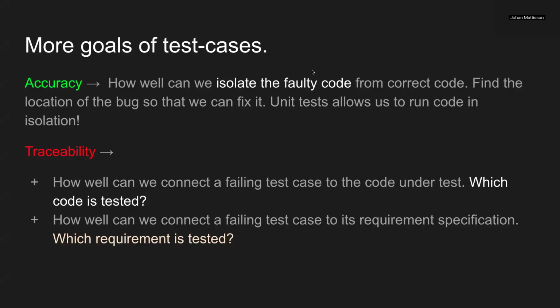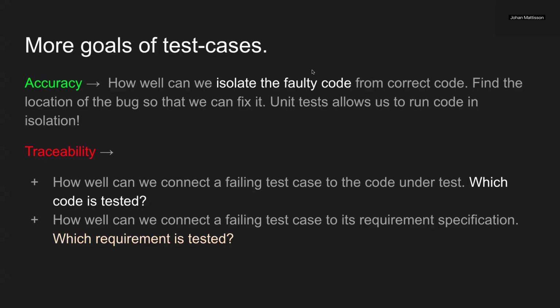So the accuracy is much lower in that case because the fault could be in other places. It's harder to isolate the bigger the program is. And if you have to jump through a lot of hoops to get there, it's tricky to narrow down where the fault actually is, right? So we want to get as close to the code as possible to get the highest accuracy possible. And this can be difficult at certain times.